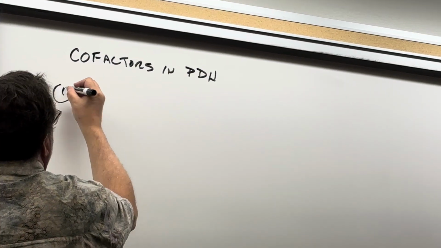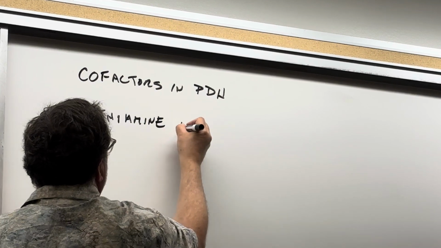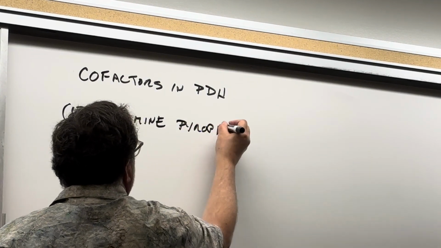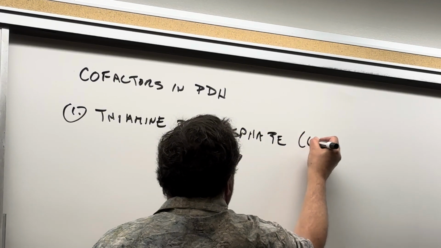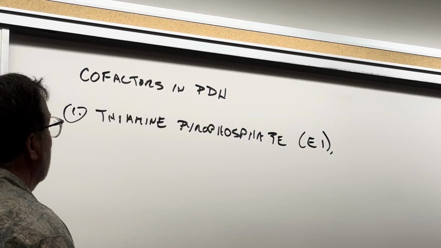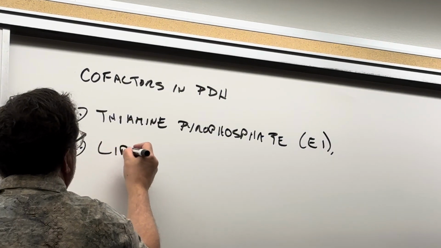We had the thiamine pyrophosphate. That was part of E1. What was next? We had the lipoic acid.